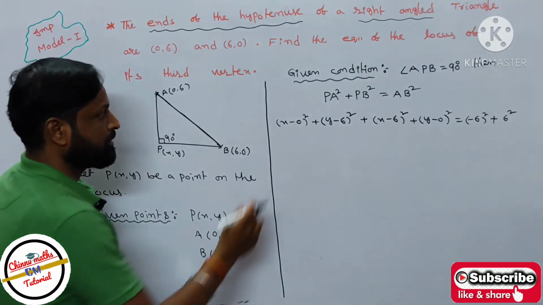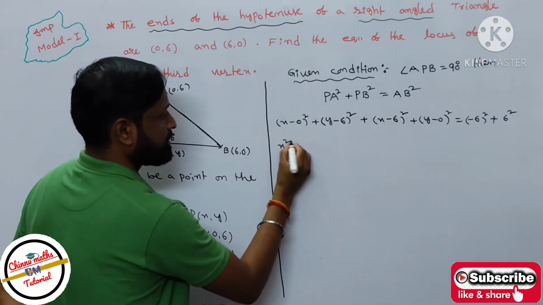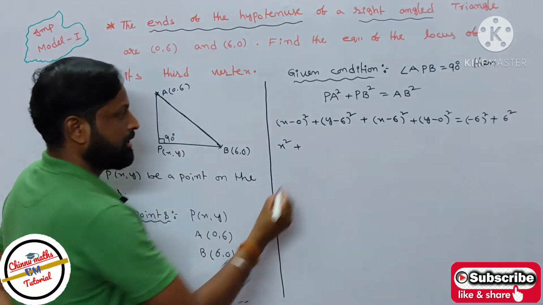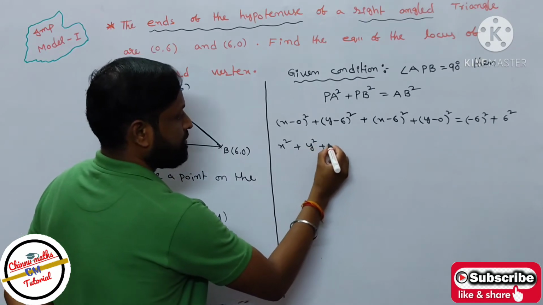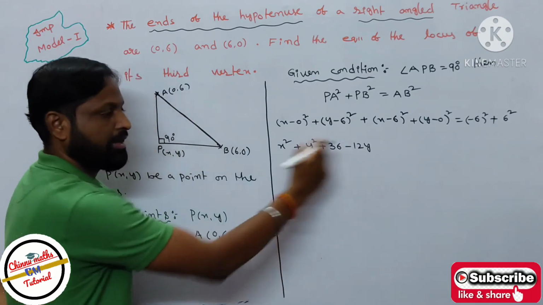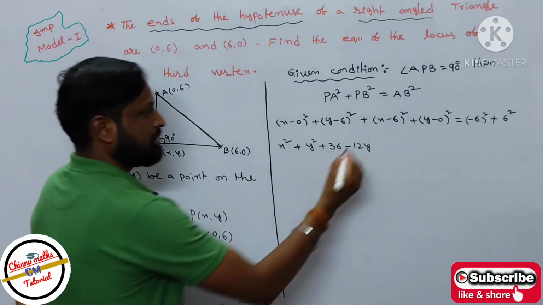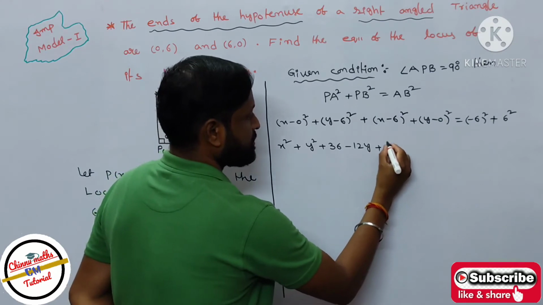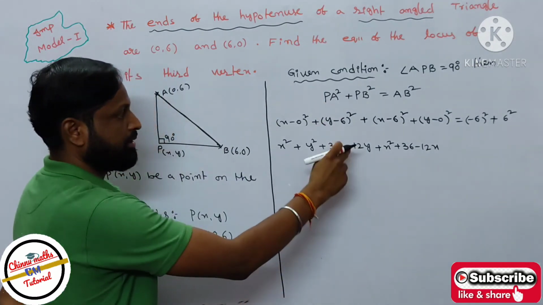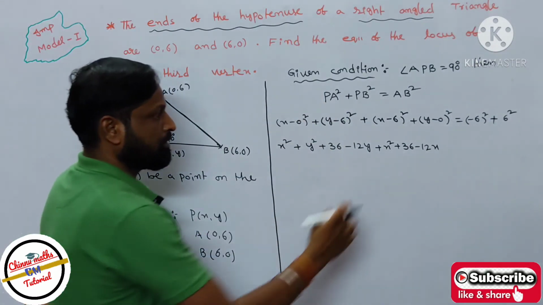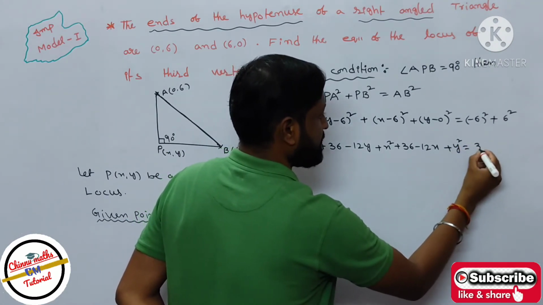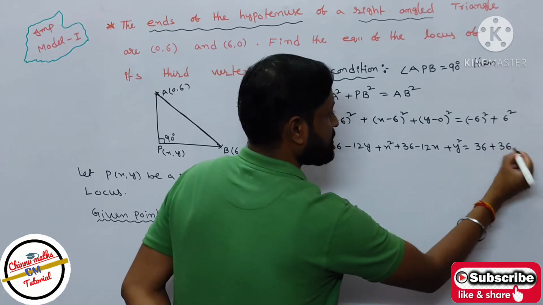Then simplify. (x minus 0) whole square means x square. (y minus 6) whole square is in the form of (a minus b) whole square, which is a square plus b square minus 2ab: y square plus 36 minus 12y. Similarly, (x minus 6) whole square is x square plus 36 minus 12x. (y minus 0) whole square means y square, and on the right side, 6 square equals 36.